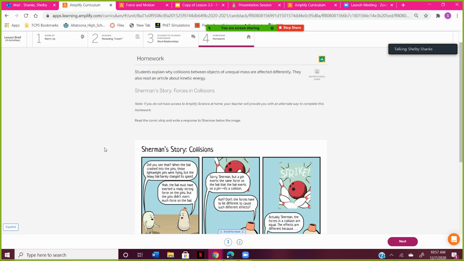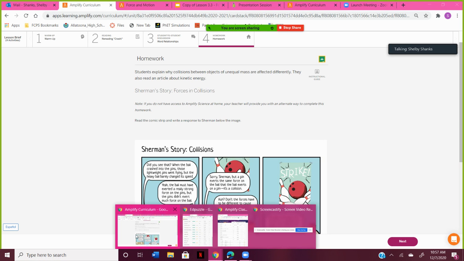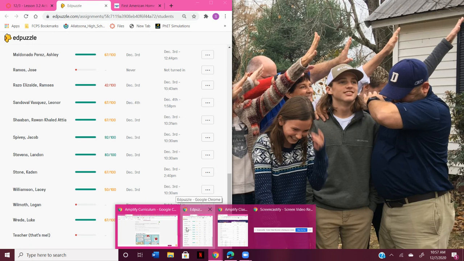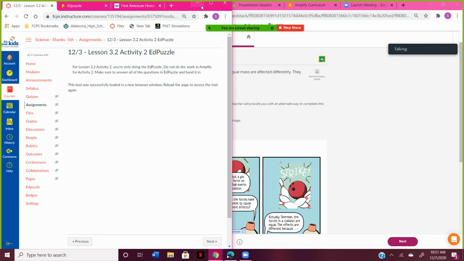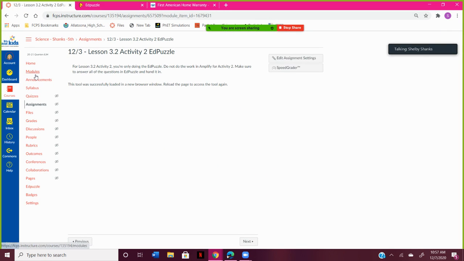The other thing that you have is the exit slip on Canvas. We've got an exit slip on Canvas, and that is under today's module.